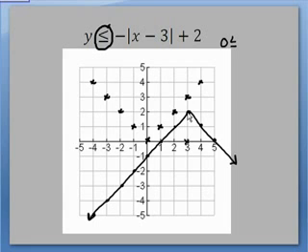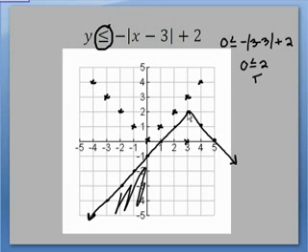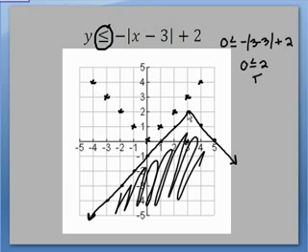Is 0 less than or equal to the opposite of the absolute value of 3 minus 3, plus 2? 3 minus 3 is 0. Absolute value is 0. The opposite is 0, plus 2. So we get, is 0 less than or equal to 2? Yes, it is. So we want to shade where that point lies. So we're shading inside the V there, and it includes all the points on there also.